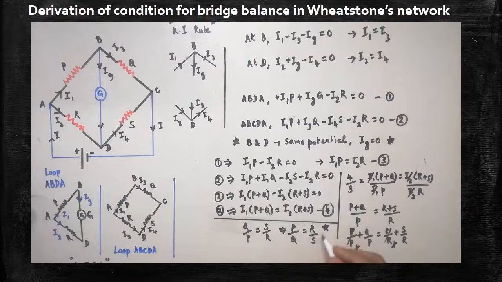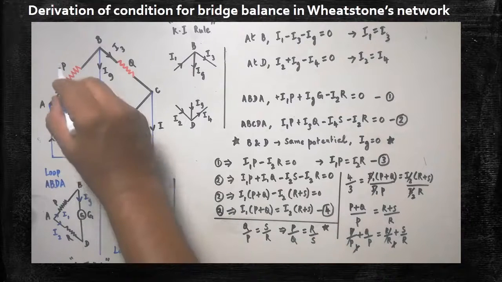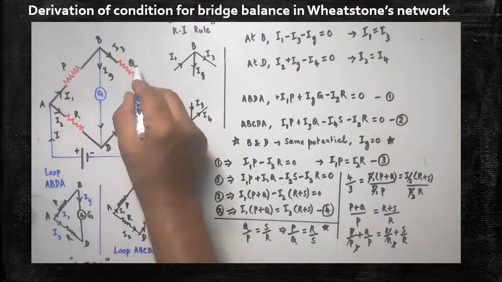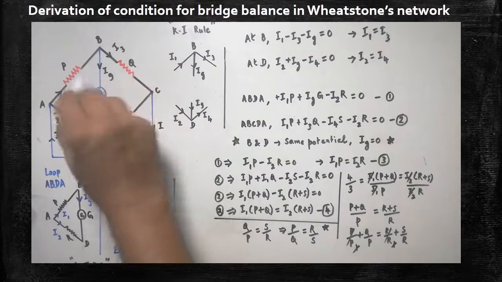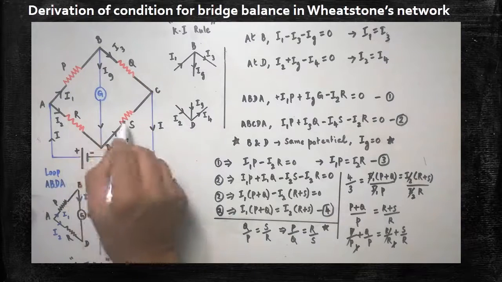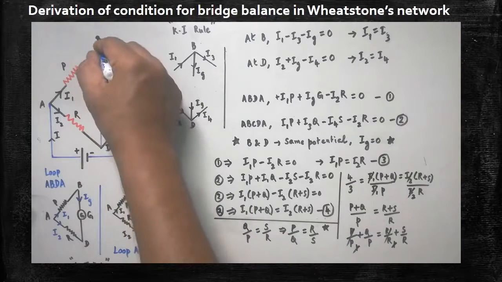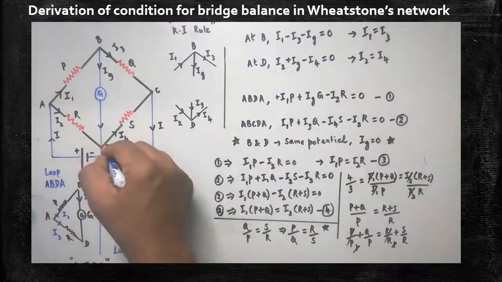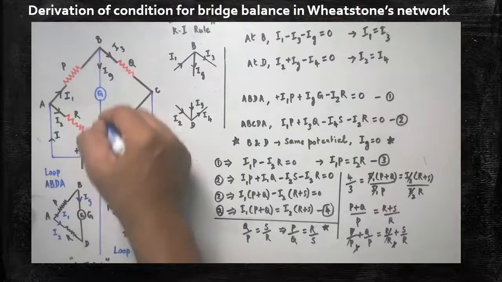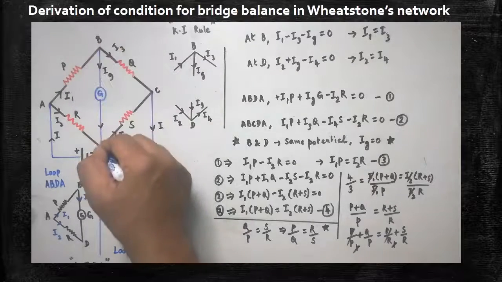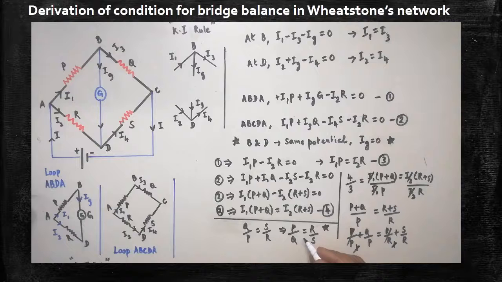What this condition says is that if this resistance value divided by this one, that ratio, is equal to R by S, then the potential at B and the potential at D will be equal, and the current passing through the galvanometer will become 0. This is the condition for bridge balance in the Wheatstone network. By using this, any unknown resistance can be calculated.